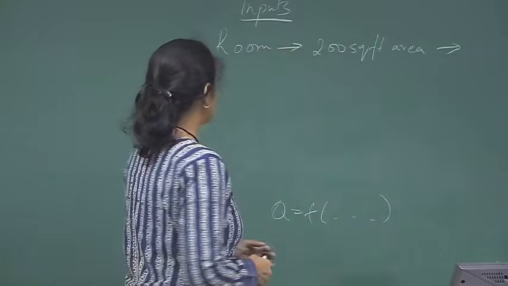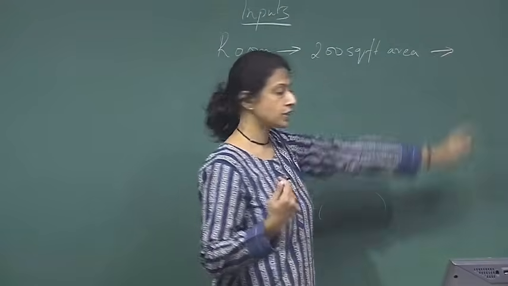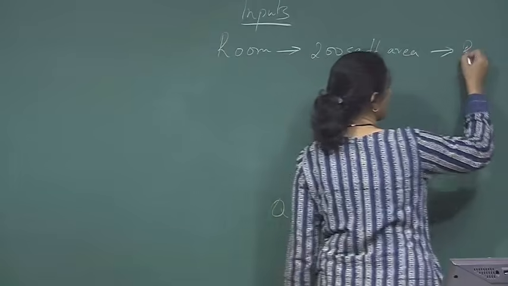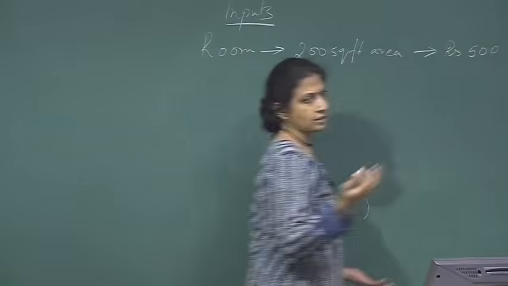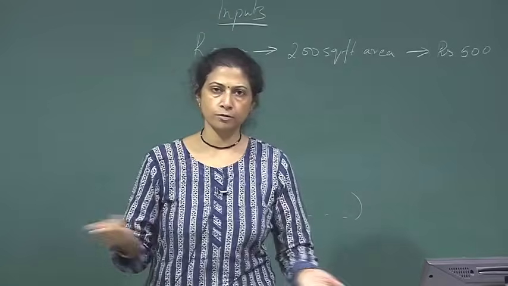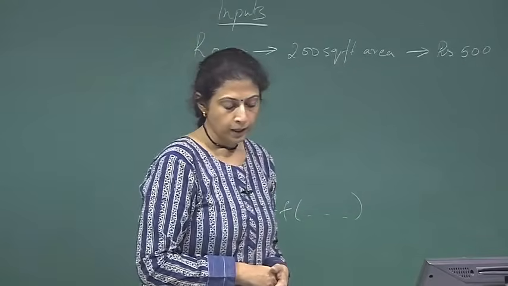So the room is 200 square feet area, and it has a rent of say rupees 500. This is a flat amount of 500 that he is paying per week or month or whatever.